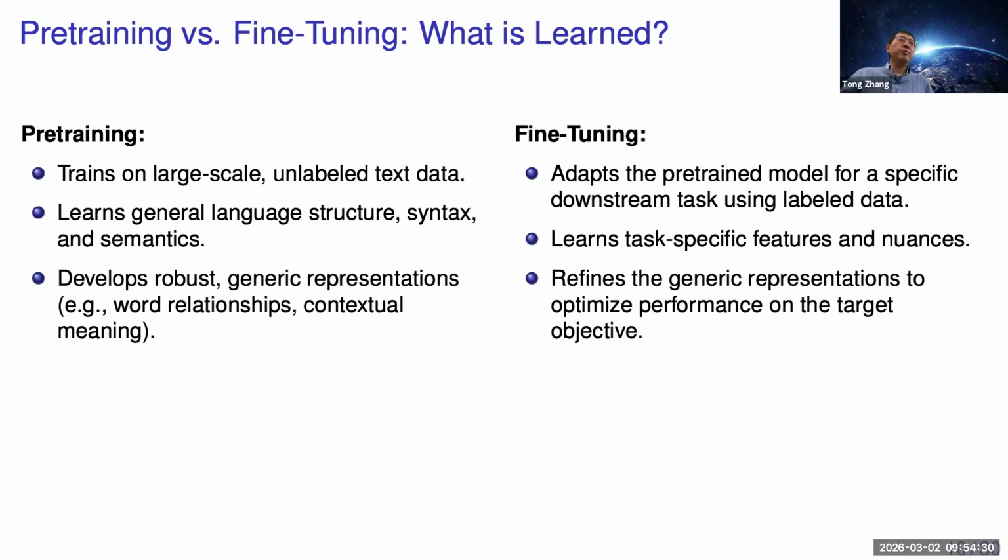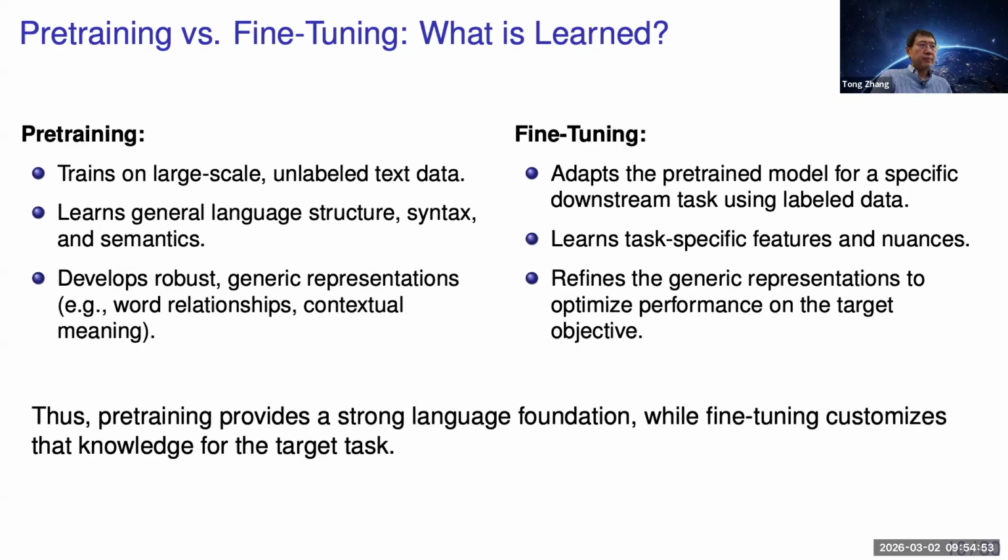The pre-training just doesn't know what to do with that knowledge, but once you extract it, it starts to be more explicit. They know what you want, so they know what is the right thing to do, and with these particular targets they will be able to optimize. Pre-training provides a language foundation, fine-tuning customizes for the target.